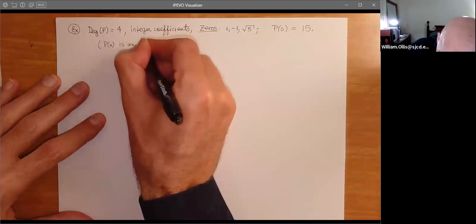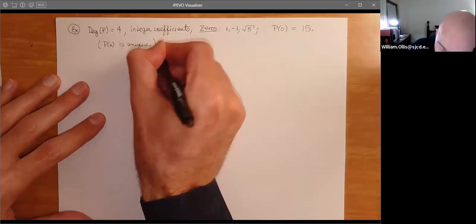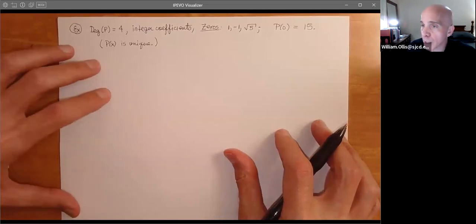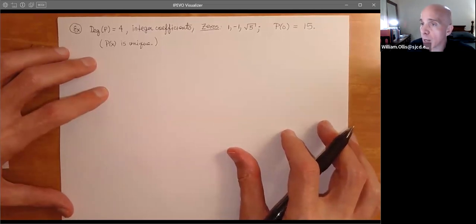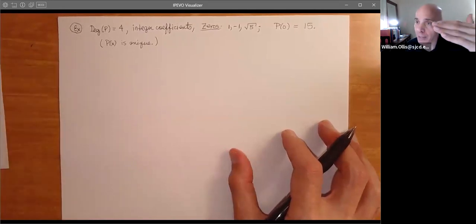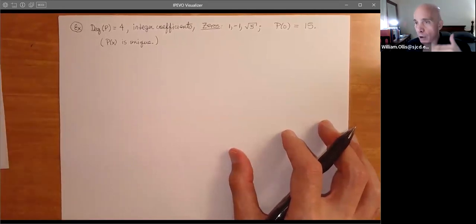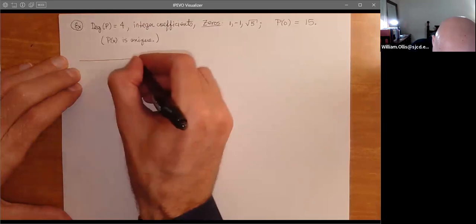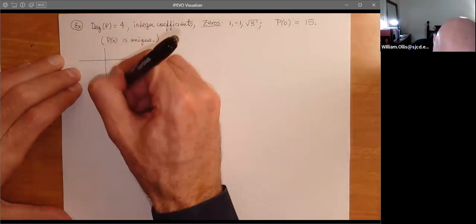And this is going to basically follow from complete factorization when we talk soon about the fundamental theorem of algebra and its corollaries, just like we've got the division algorithm and the corollaries, the factor theorem and the remainder theorem. So what we can do is use the factor theorem very simply.